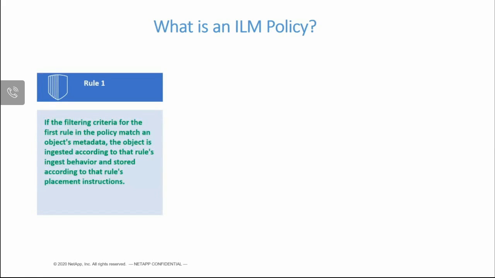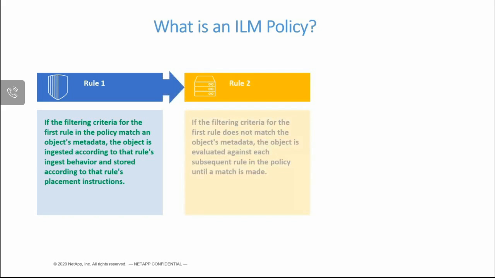So essentially what happens on object ingest is the first rule will apply its criteria to the object. And depending on where it was ingested, from what tenant, or what criteria you may have as a rule, it will store that data based on rule 1 if the condition is met. However, if rule 1 is not applied to the object, then you have your second rule potentially in your list of your policy.